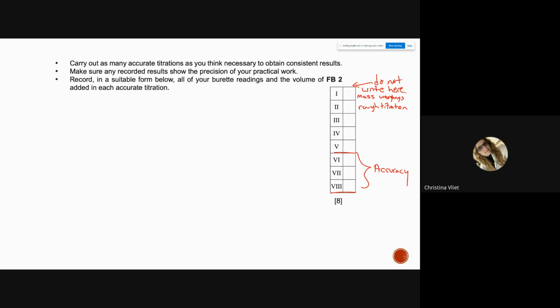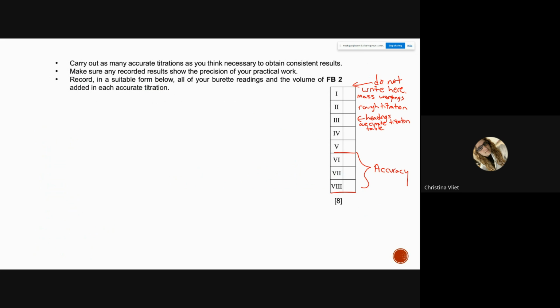So then let's take a look at what is Mark 3. Mark 3 is the headings of your accurate titration table. And so this is where you may want to have a ruler. I won't be working with a ruler, unfortunately, on the screen here, but you may want a ruler. You're allowed to have a ruler.